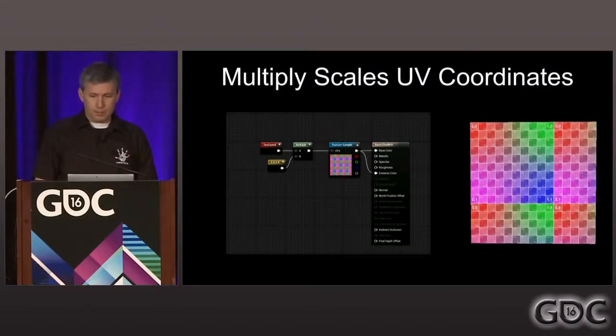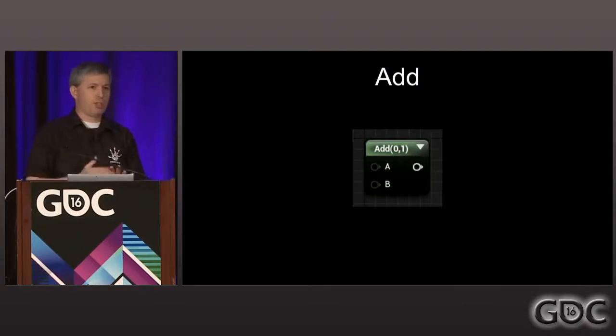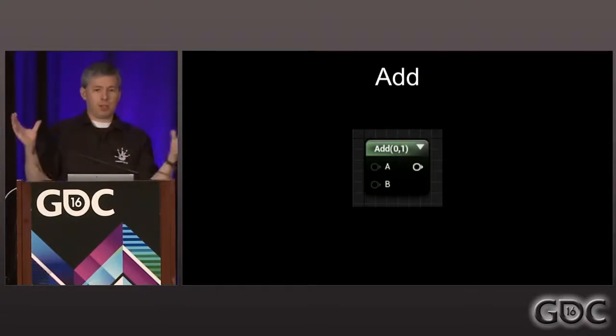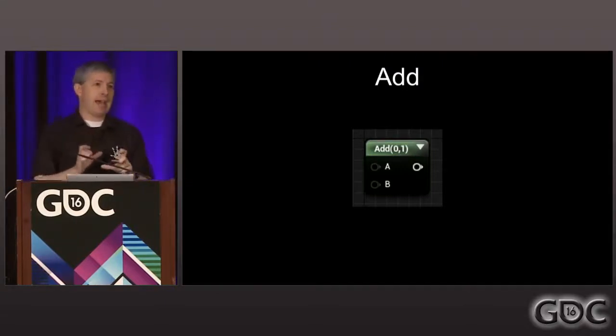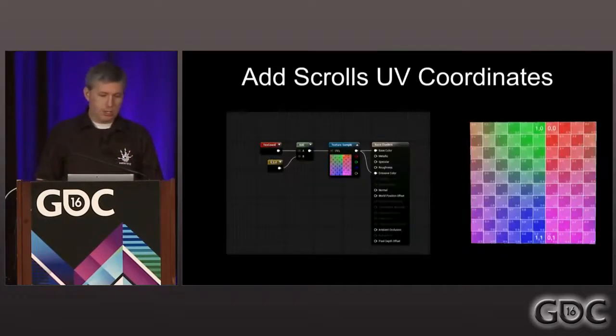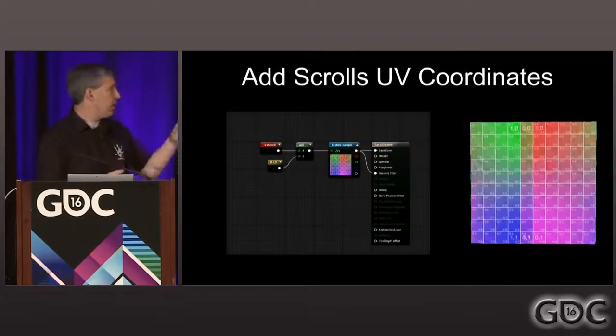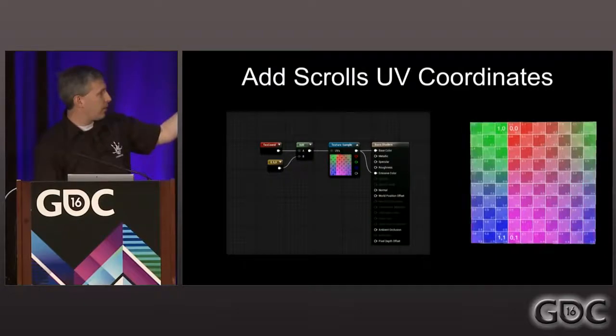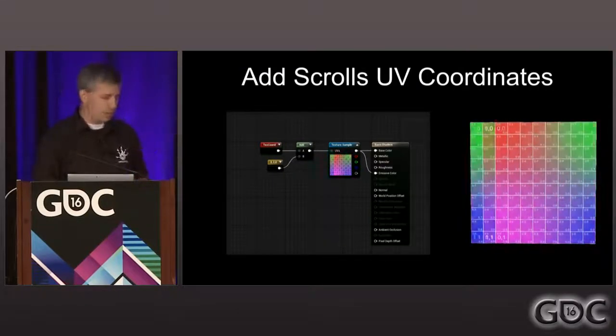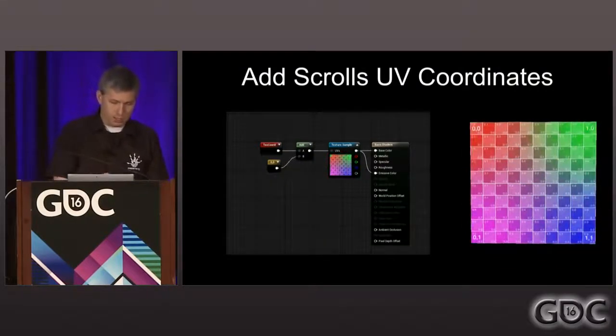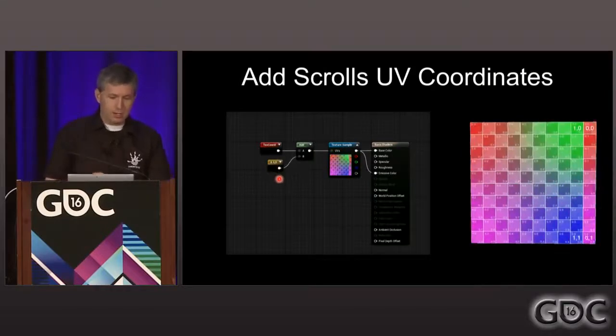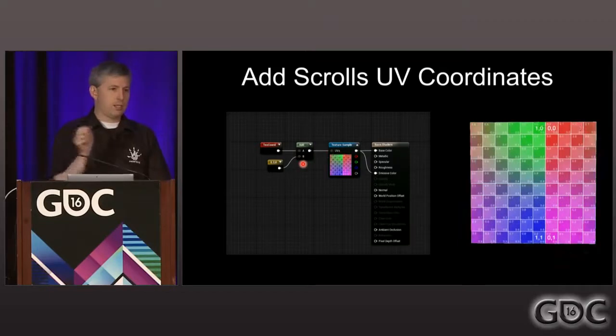OK, next principle, we're going to use add. This is really simple stuff. Multiply scales, and now we're going to add to the texture coordinates. As I change my constant value, the yellow node wired into the add, those values are changing. As they're adding, you can see the texture scrolling.